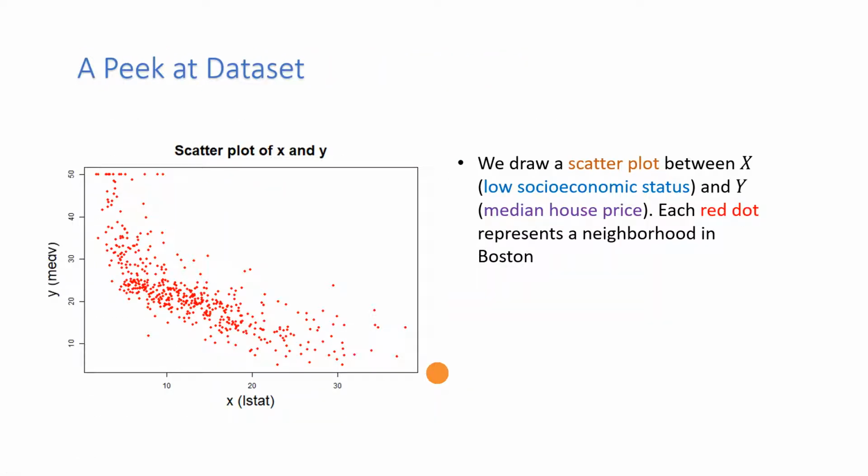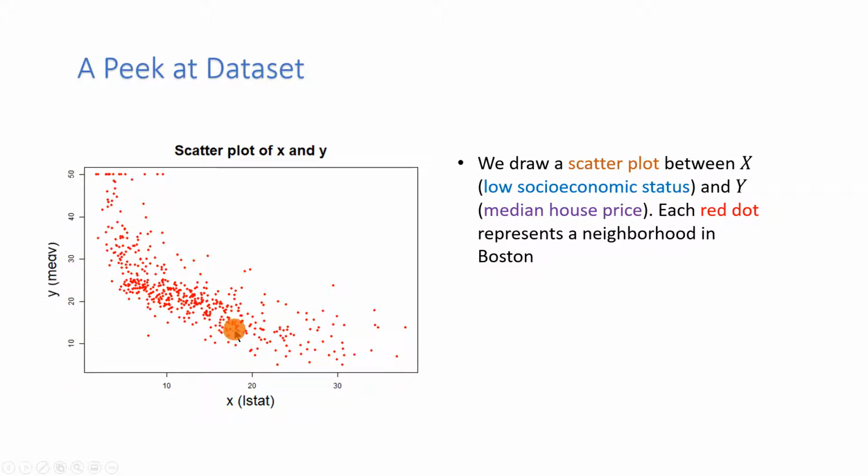So now first let's have a peek at the data set before we really fit this simple linear regression. Here we plot the scatter plot between our predictor x and our response variable y.